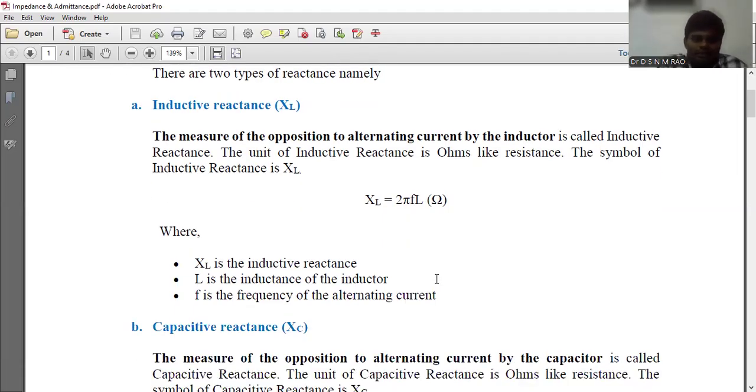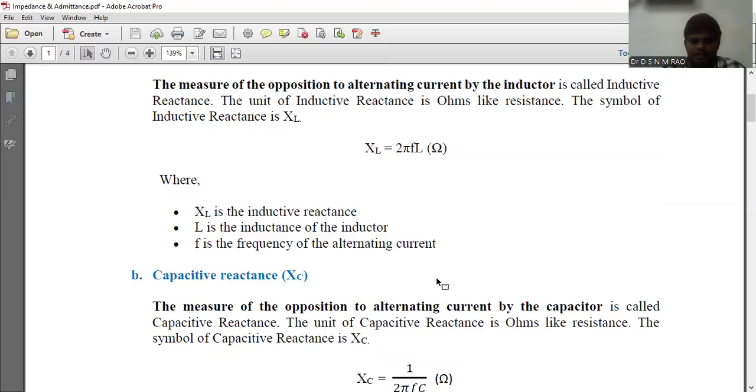Then capacitive reactance. What is capacitive reactance? It is denoted by XC and defined as the measure of the opposition to alternating current by the capacitor. The unit of capacitive reactance is ohms, like resistance.